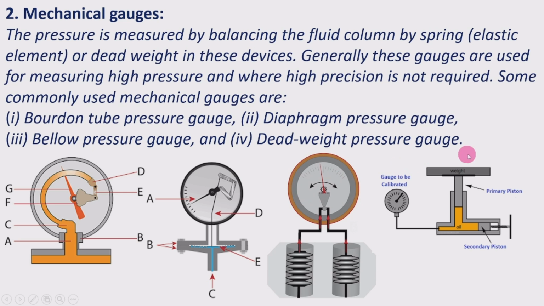Next one is the deadweight pressure gauge. The deadweight pressure gauge is usually used for the calibration of pressure gauges. The calibration of the pressure gauge is done for a particular weight. If you apply that force, we can calculate the force per area, which is the pressure, from that dead weight. From that, we can read how much pressure is acting here.